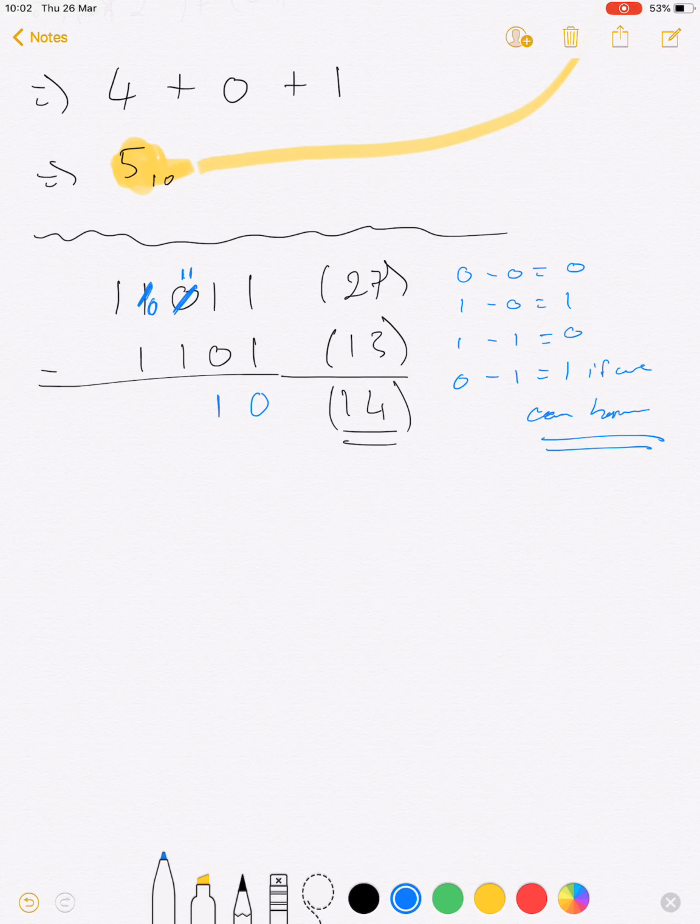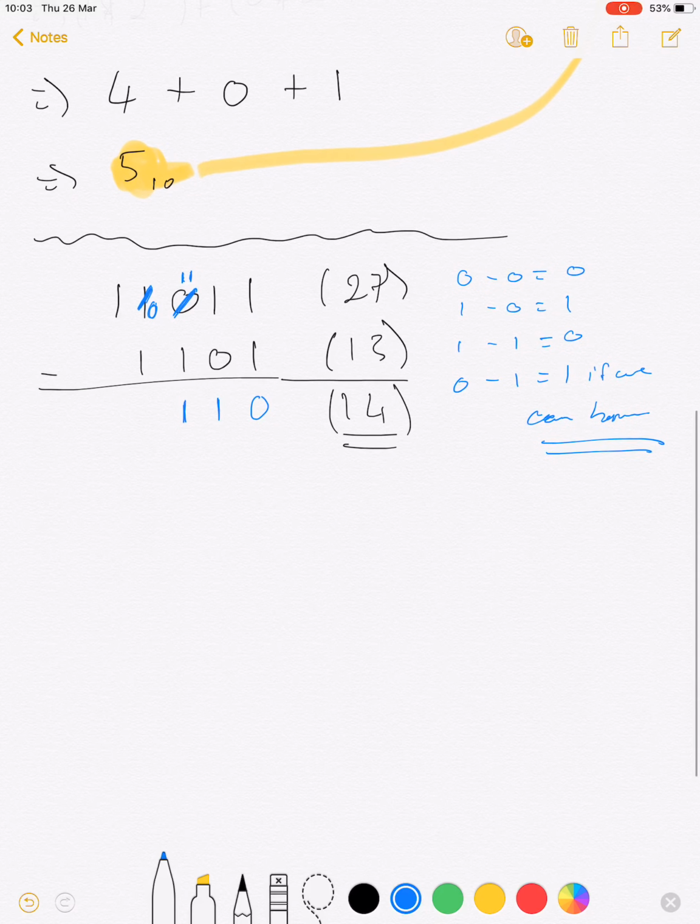Now 1 minus 1 is a 0, but we still have another 1 left, so 1, 1 minus 1 is equal to 1. Now we move up and we have 0, which is what we're left with after borrowing. 0 minus 1, well, we can't do that. We need to borrow again.